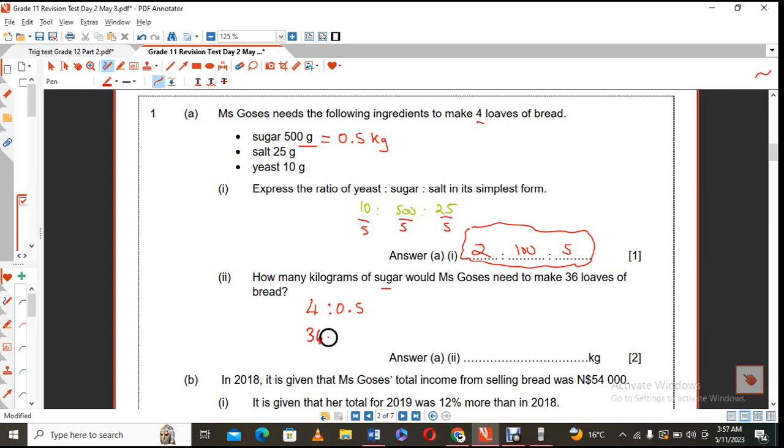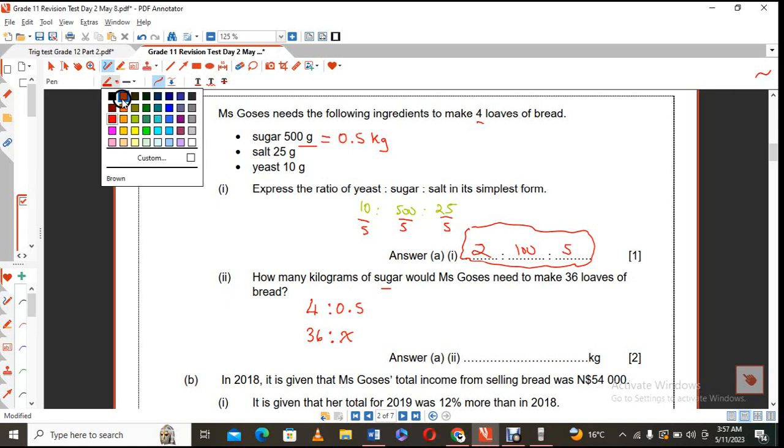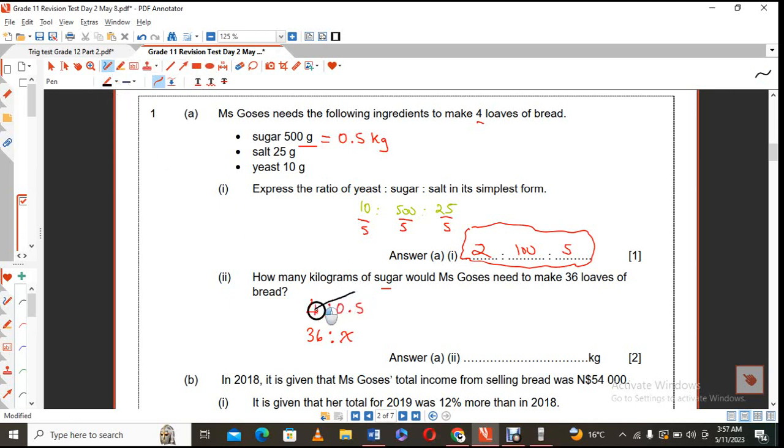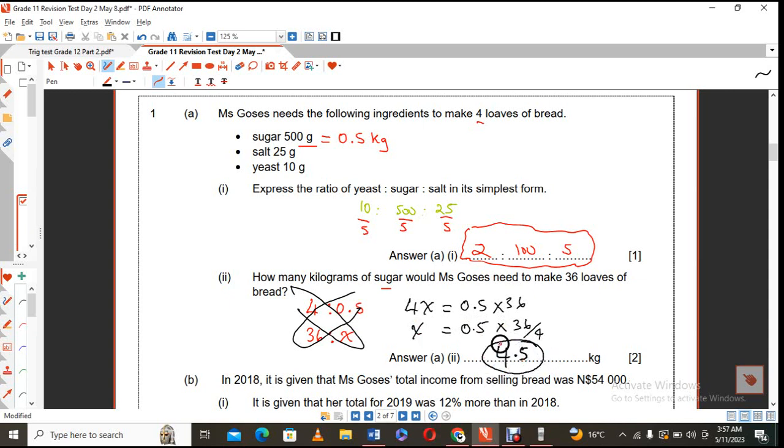So 36 loaves of bread should now do more. So you can do your cross multiplication. So that gives you 4x is equal to 0.5 times 36, and then x would be 0.5 times 36 divided by 4, 9 over that. So the final answer will just be 4.5 kilograms.